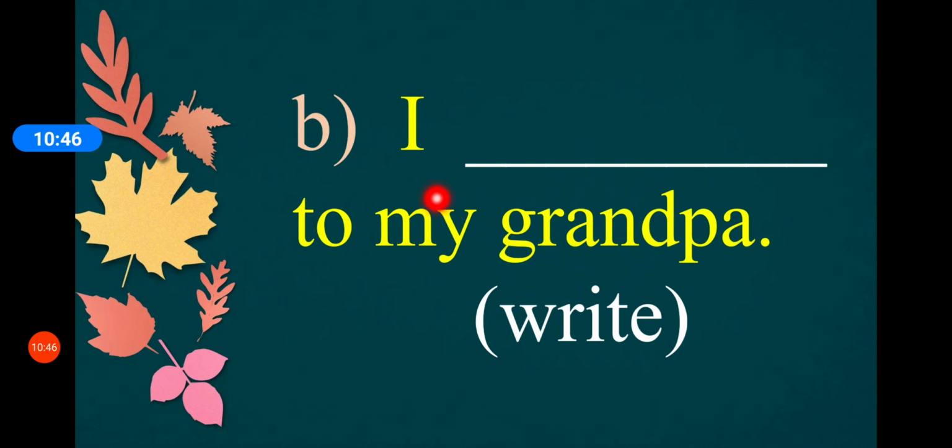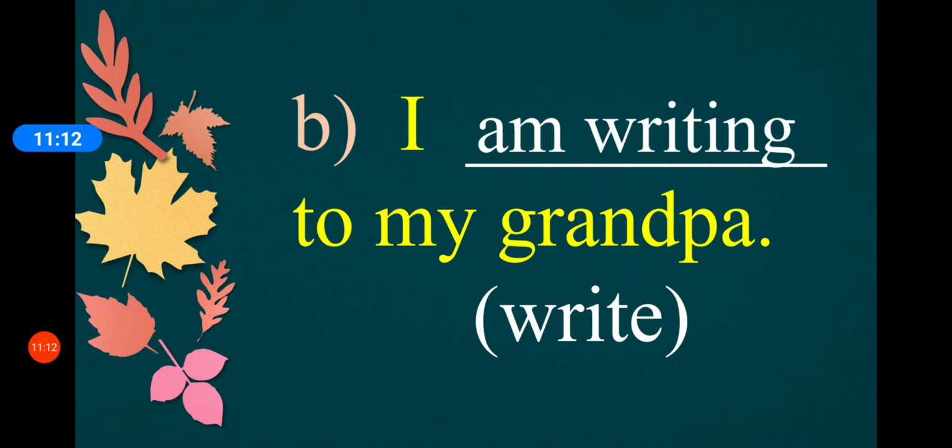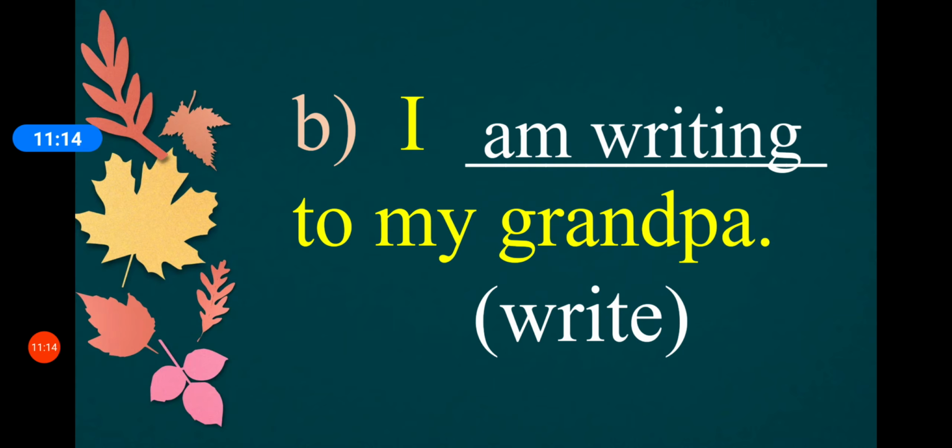So we have come to know it would be I am. And adding ing to this verb write would make it writing. But we have to be very careful that because write ends in E, so the spellings of writing would be WRITING. So it would be I am writing to my grandpa.